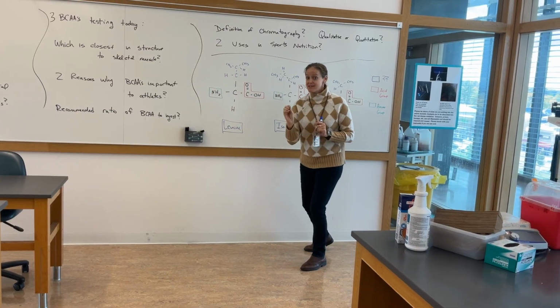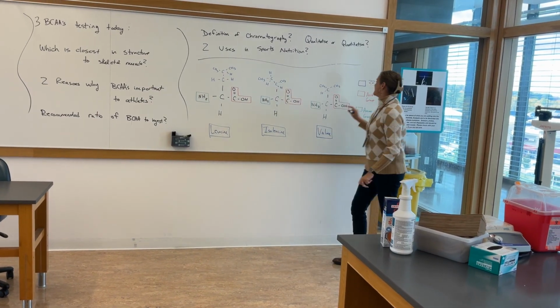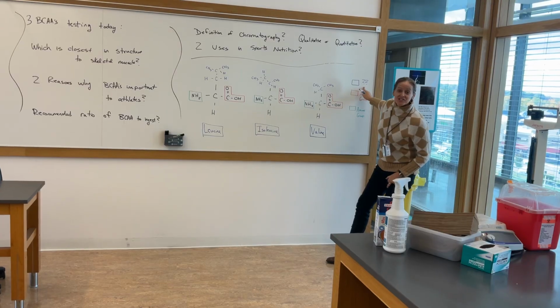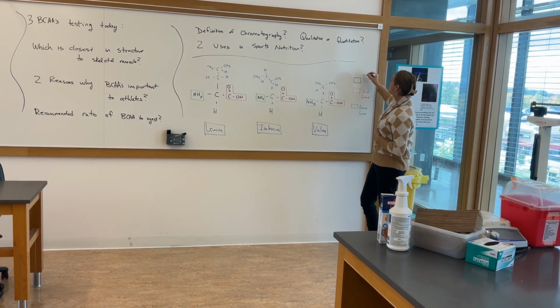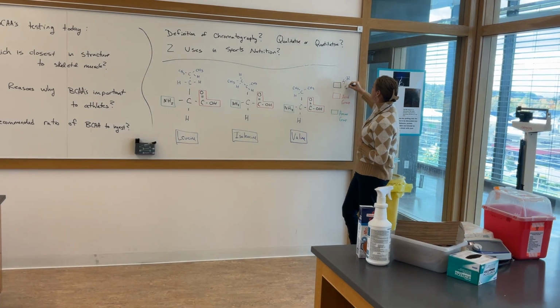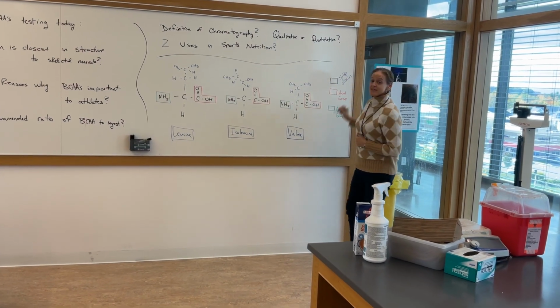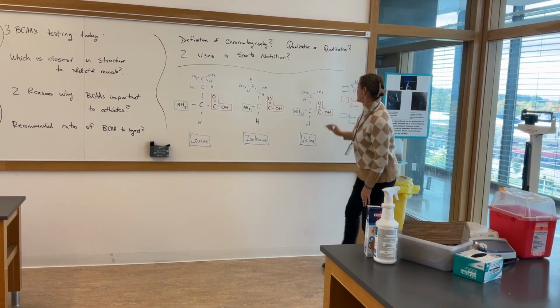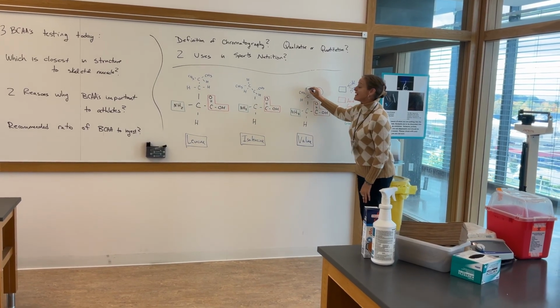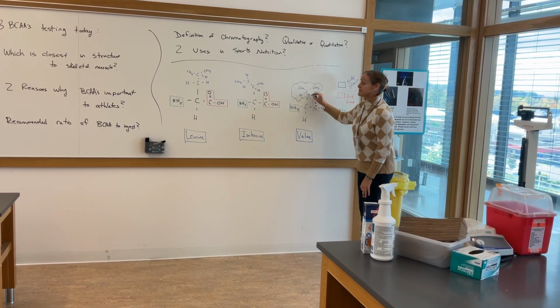What is it that makes an amino acid different? The side chain. So you're not going to have to draw these, but all we're reviewing is that the side chain is what's different. The rest is all the same, but this part is what makes each amino acid different.